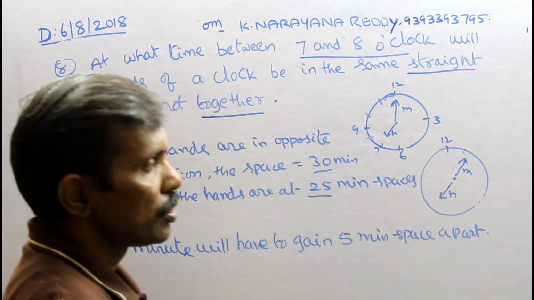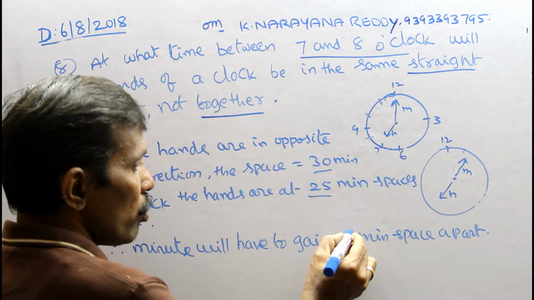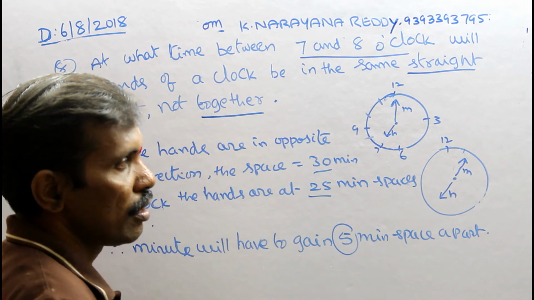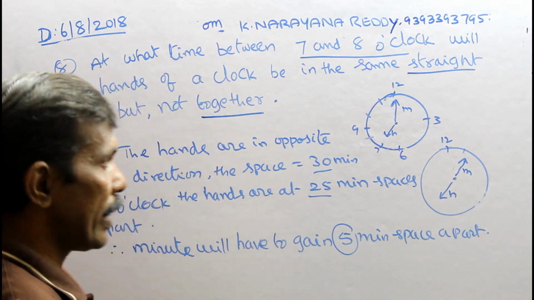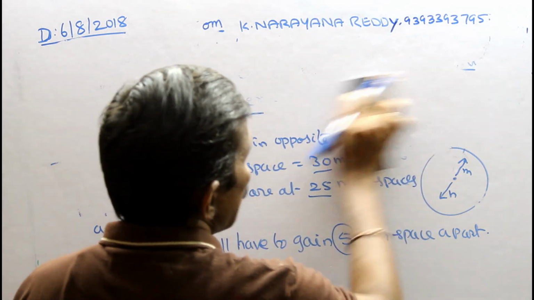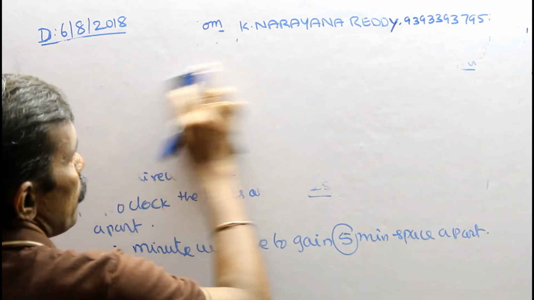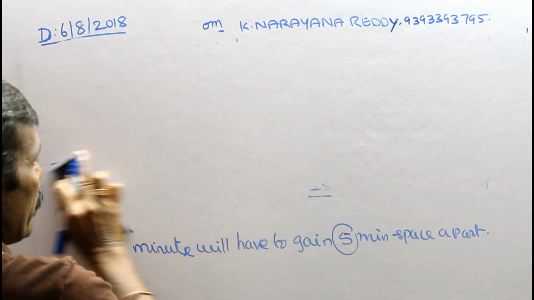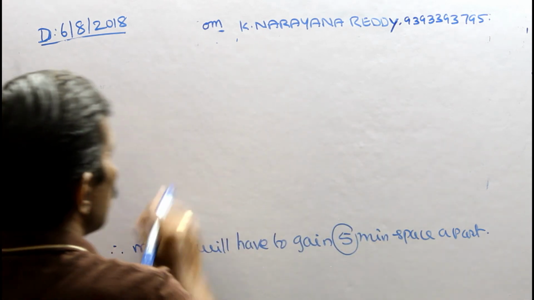Okay? So, to gain 5 minutes, how many minutes will be taken? Actually, to gain 55 minutes, the minute hand takes how many minutes? 60 minutes.